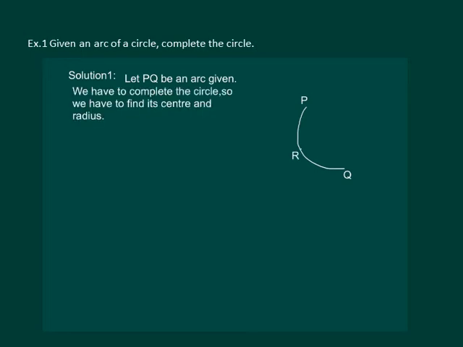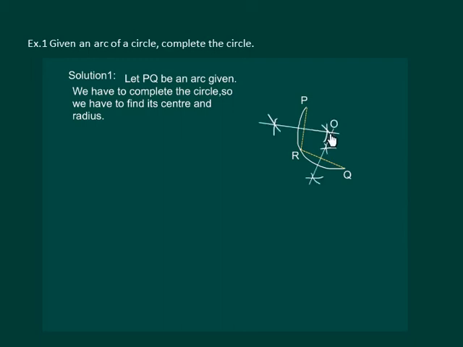So let us take a point R on the arc and join PR and RQ. Now it remains to construct perpendicular bisectors of PR and RQ, and where they meet will be the center of the required circle.